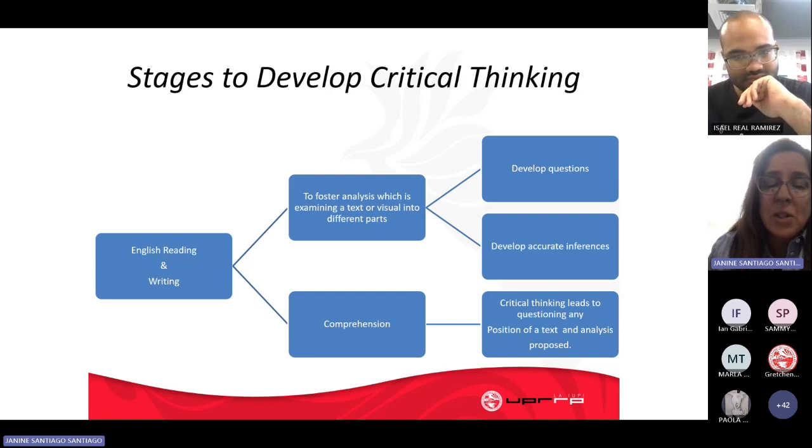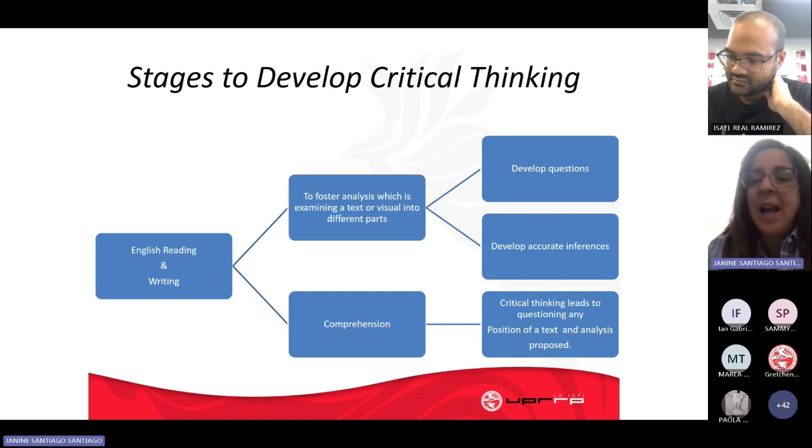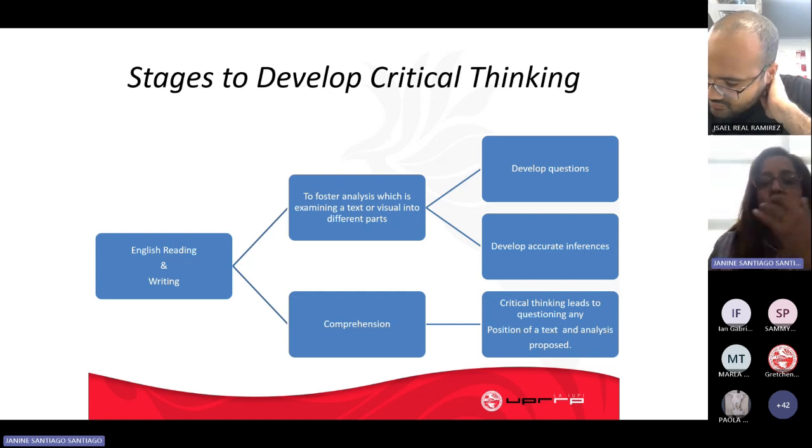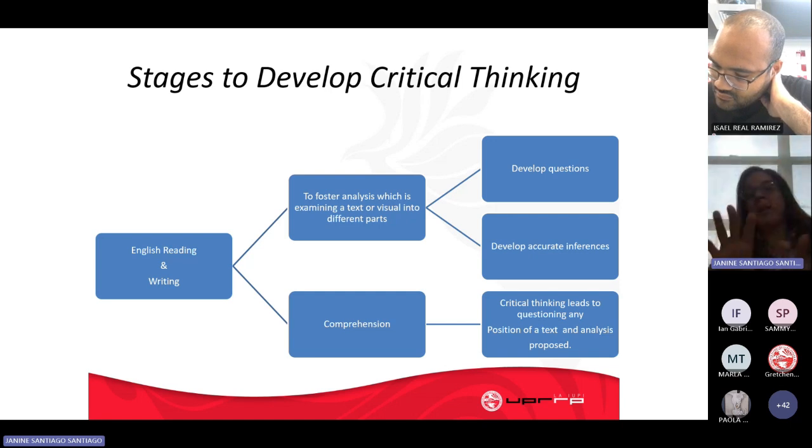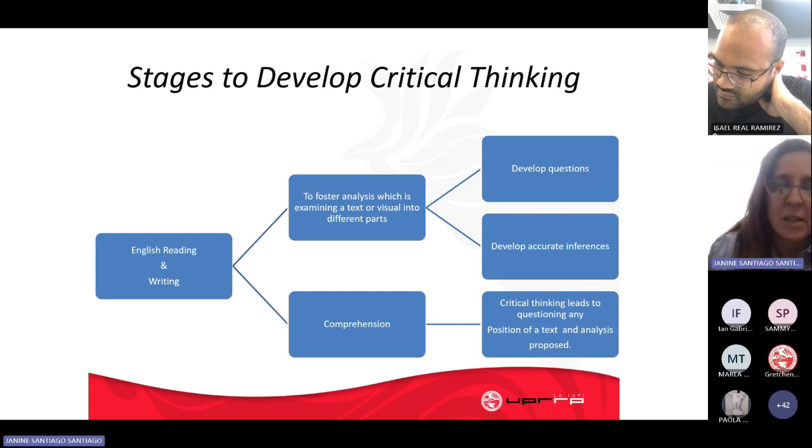This new comprehension is going to lead us to achieve a high level of critical thinking that is going to lead us to questioning any position of any text and the analysis proposed. Nonetheless, we are not yet at this point. This is more my aspiration of what we would like to achieve in the undergraduate classes. So this is how I like to present to you the process that we are engaging in, okay?